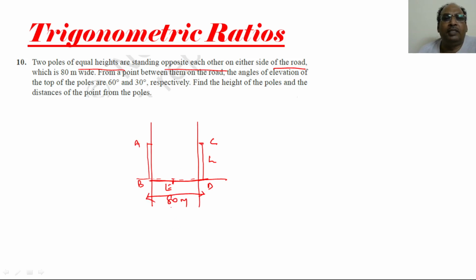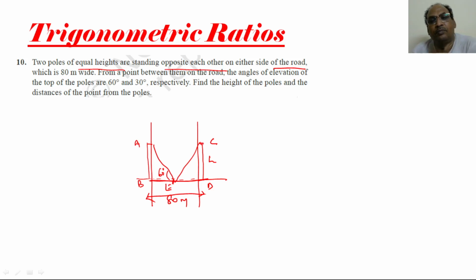Angles of elevation of the top of the poles are 60 degree and 30 degree respectively. So it will be 60 degree, and it will be a straight line only.